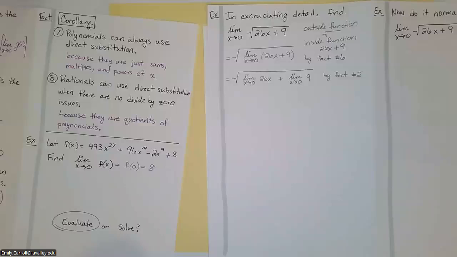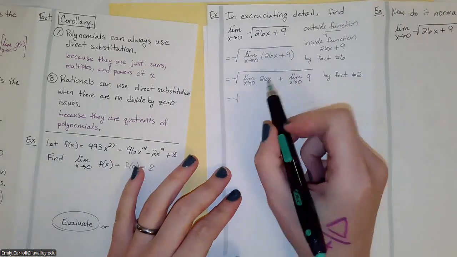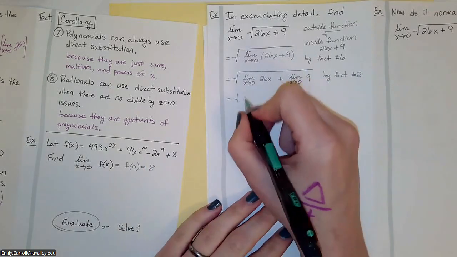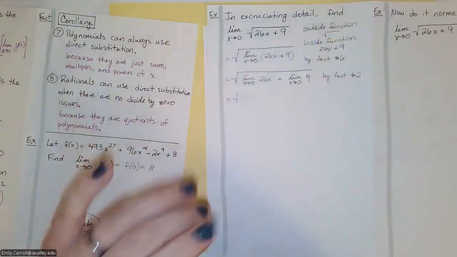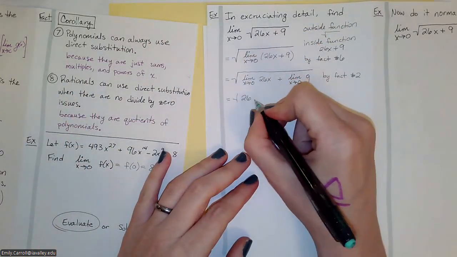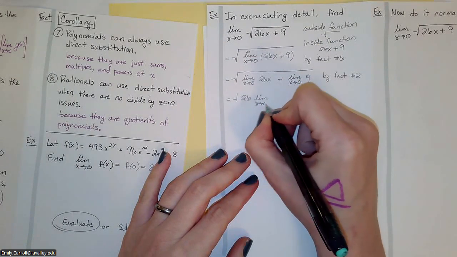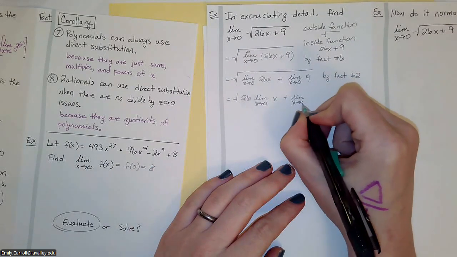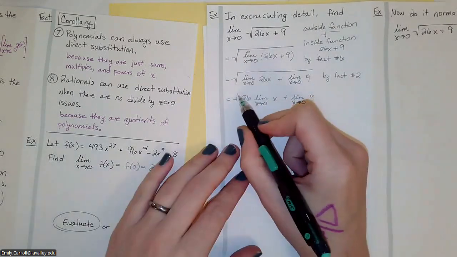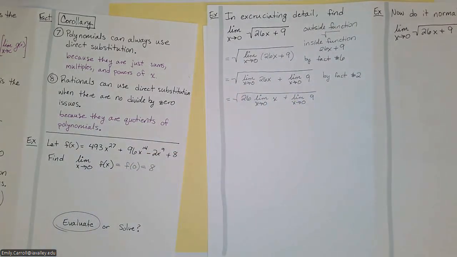Here we have a scalar on the x, so that scalar can come out. That's fact number 1. And then this has unraveled to something that we can actually use the basic limits on.